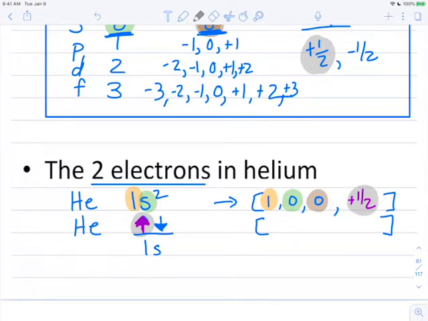Any questions on how I did the first electron here? How I did the quantum numbers for that first electron, the one that I colored in purple? All right, so now what I want you to do is the second one. Do this one that I just colored in black.